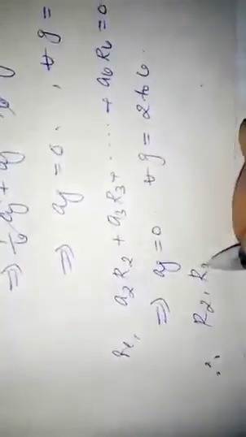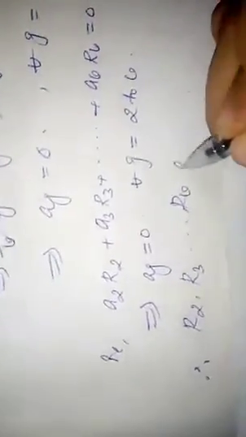Therefore, r2, r3, and so on, rv are linearly independent. Therefore, we can write rank of C is greater than or equal to v minus 1. Equation 2.